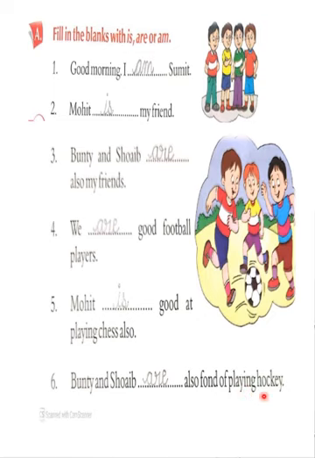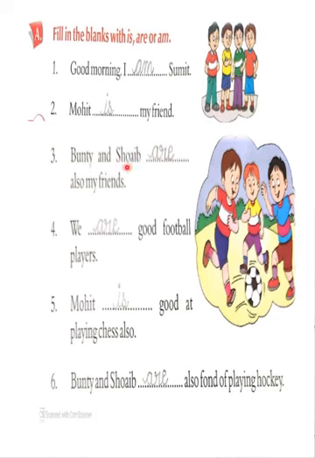So students, you need not see anything else, only just see the first word of a sentence. Such as, see I. Okay, I is given, so we will be using am. See the first word Mohit. Okay, Mohit is given, so it is one in number, so we will be using is.